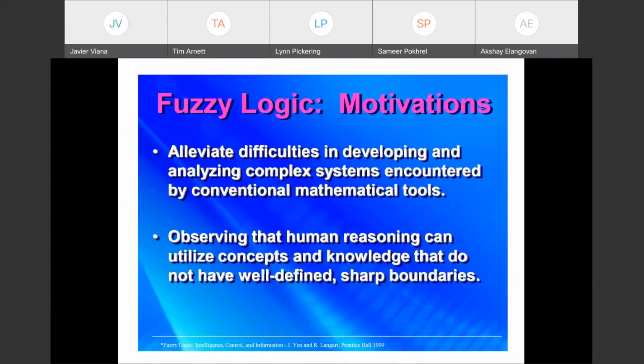Yeah, so some of the motivations behind fuzzy logic, though, they alleviate difficulties in developing and analyzing complex systems encountered by conventional mathematical tools. One area where you see this quite a bit is in control theory. The classical control theory and even modern control is typically based on linear systems or linearized systems.